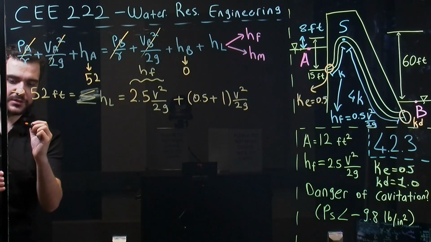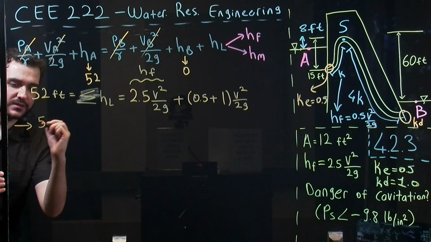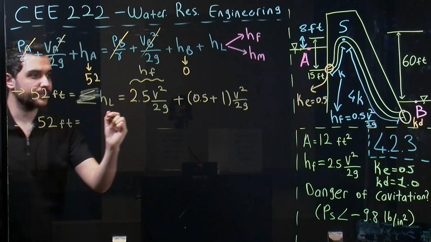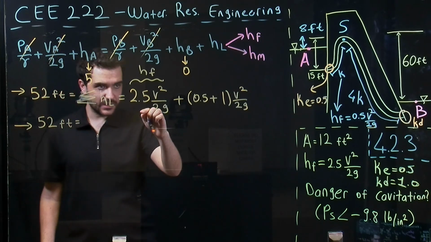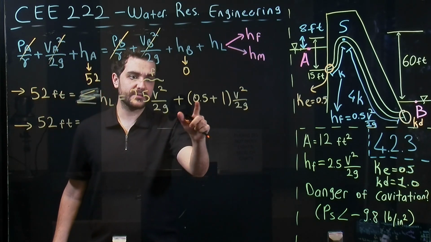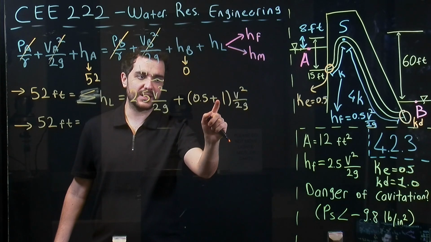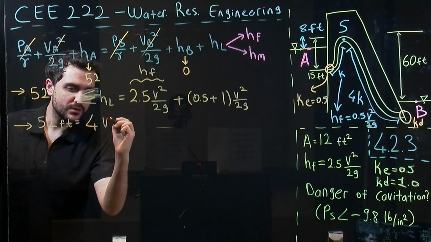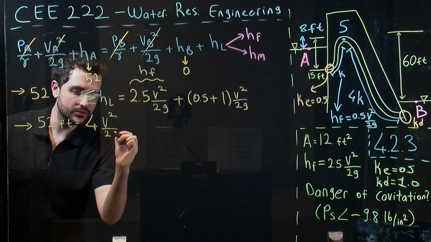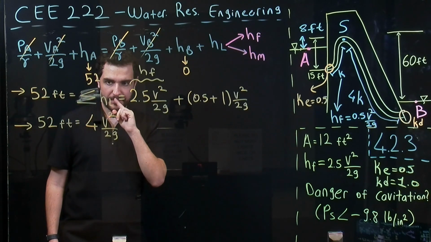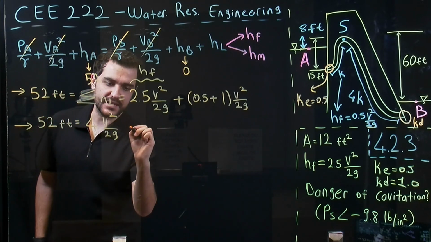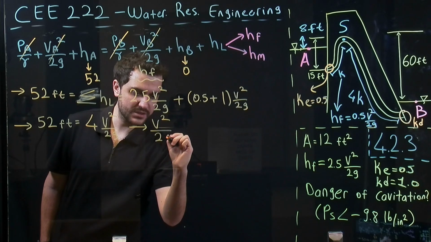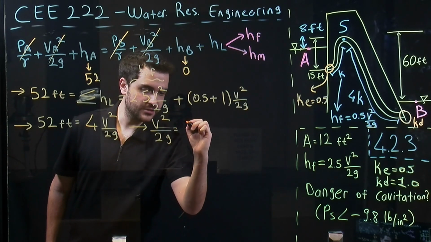So from that we will have 52 feet is equal to 2.5 plus 0.5 plus 1, so it is 4 v square over 2g, which gives us the velocity head, or v square over 2g, is 13 feet.